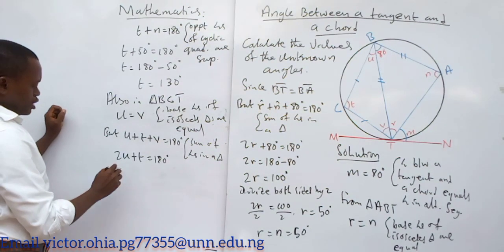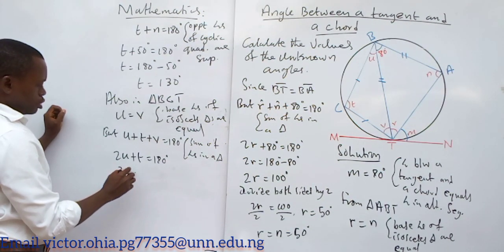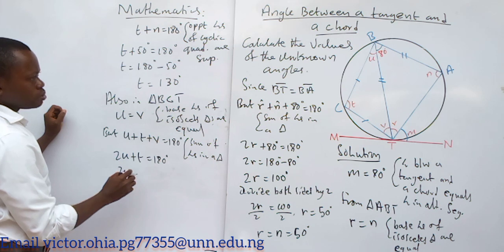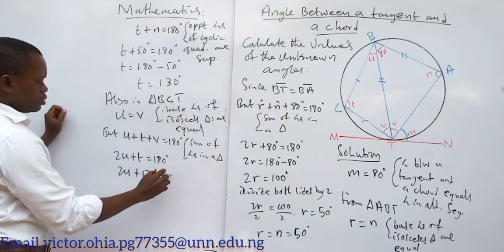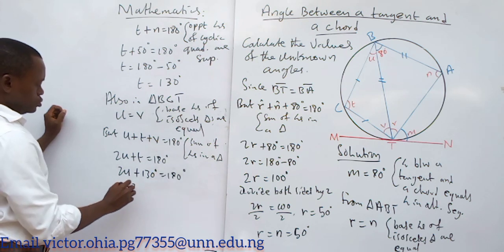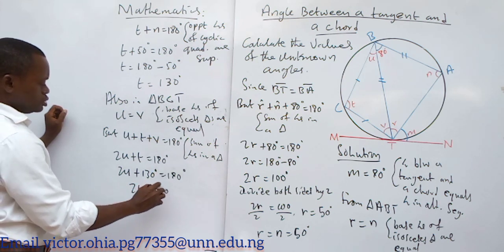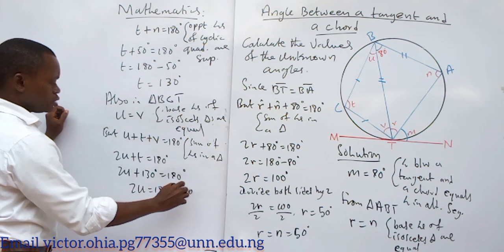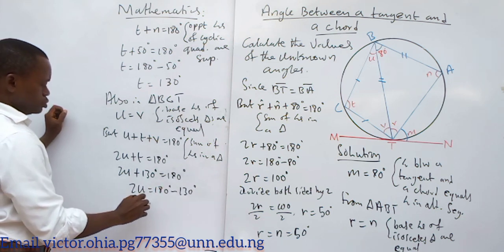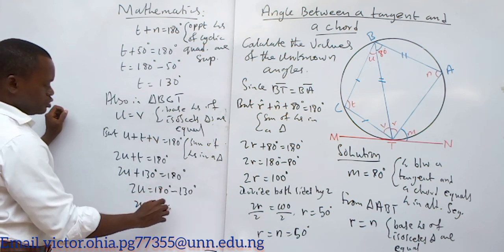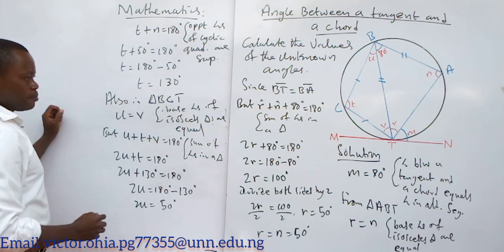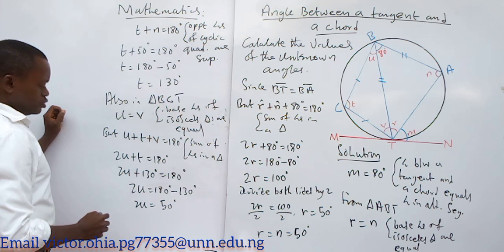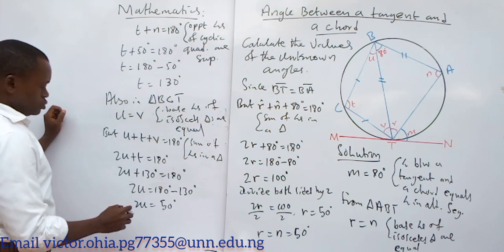You will now realize that 2u plus t, now 130 degrees, equals 180 degrees. So 2u is equal to 180 degrees minus 130 degrees. So 2u is equal to 50 degrees.